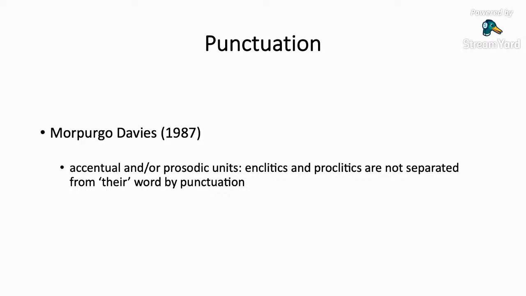So, for example, enclitics and proclitics are not separated by punctuation from their main word. But of course, this is an issue that would need an in-depth study to understand if there is a criterion behind any type and any example of punctuation that we find in the inscriptions.